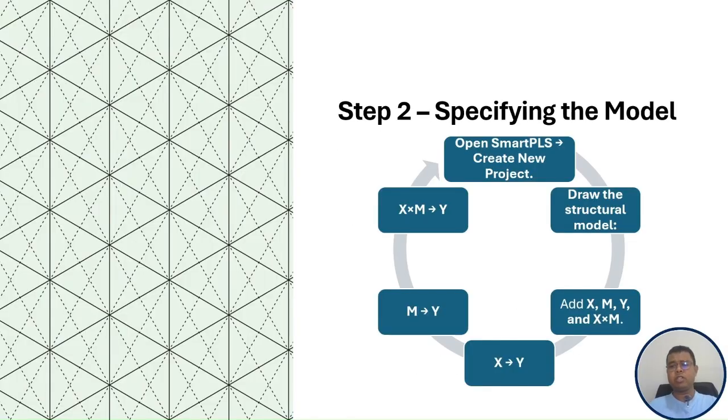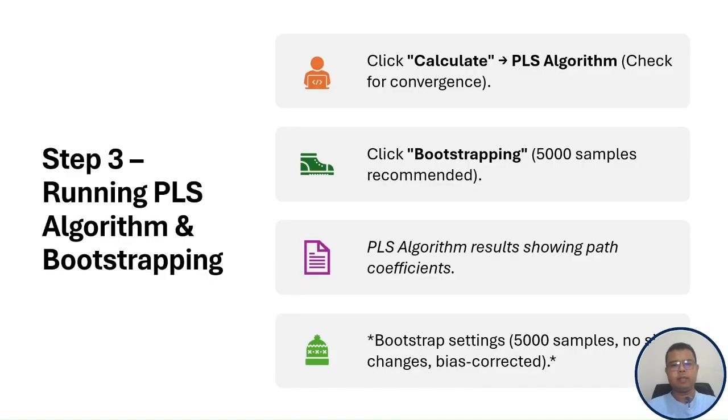Step 2, specification of the model. First of all, we need to create a project, then draw the structural model, and then add the paths. Then we will investigate the direct effect, moderating effect, and also the interaction effect. How can we do it using SmartPLS 4?